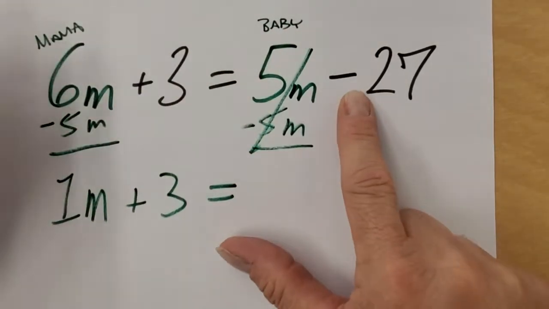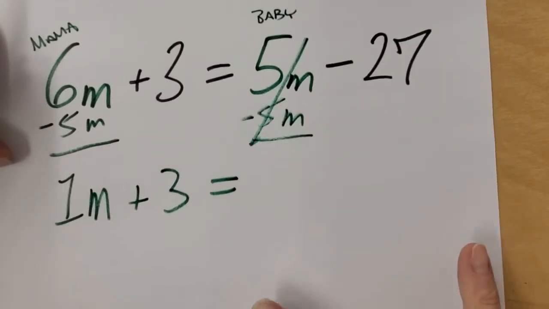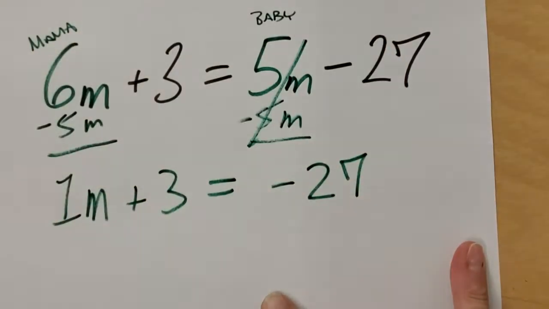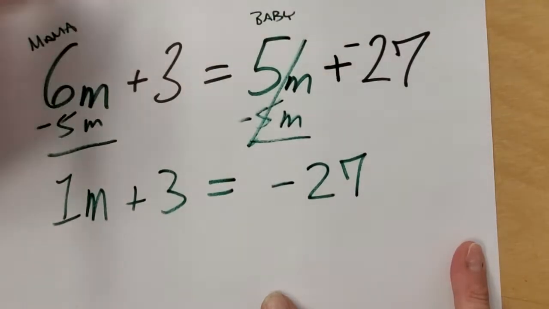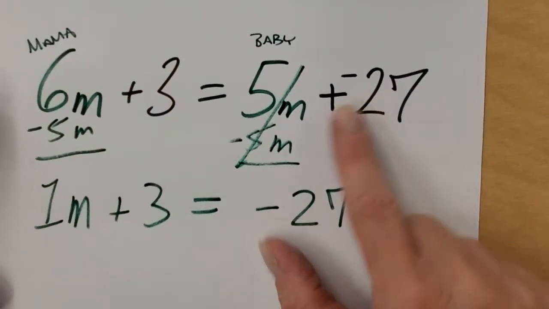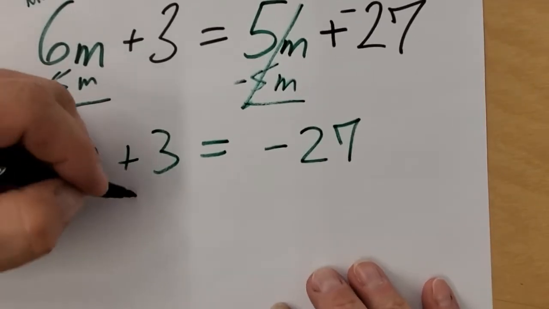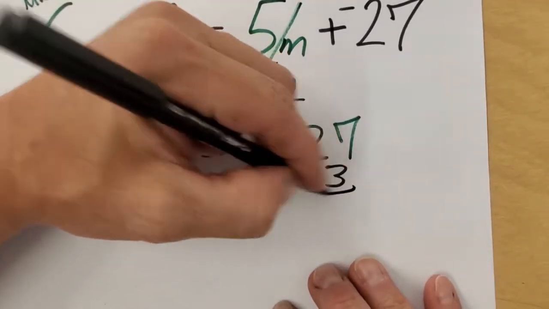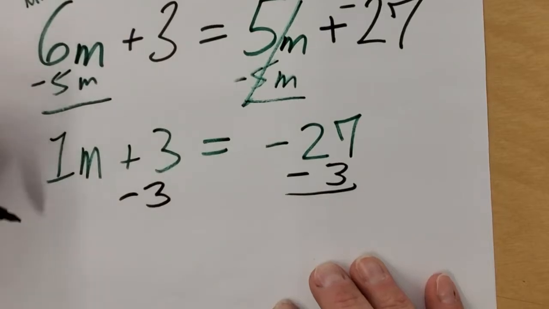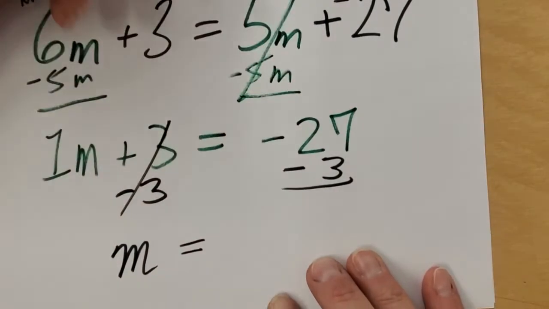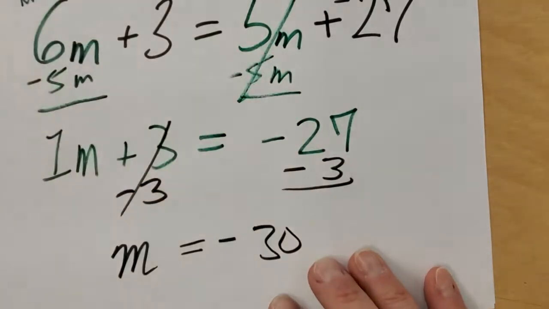You have to remember this is a negative 27. So either just remember it, or if you know you're not going to remember it, you might want to rewrite it so you know that you've got a negative 27. And now look, people, it's really a one-stepper, right? m equals negative 27 and negative 3, negative 30.